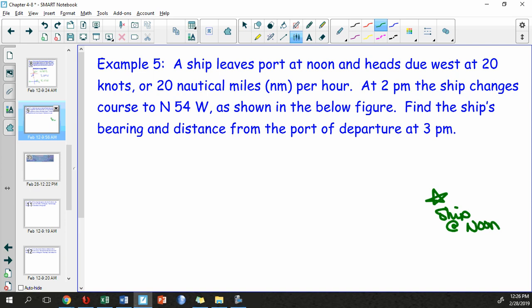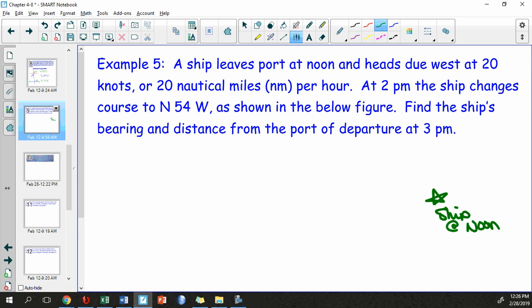I'm heading due west at 20 knots, or 20 nautical miles per hour. What's a nautical mile? Nautical means water, so we're on the water, going nautical miles per hour. So I'm going to go west, and then it says at 2 p.m. the ship changes course.